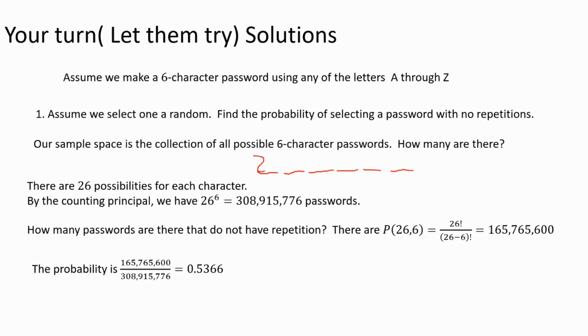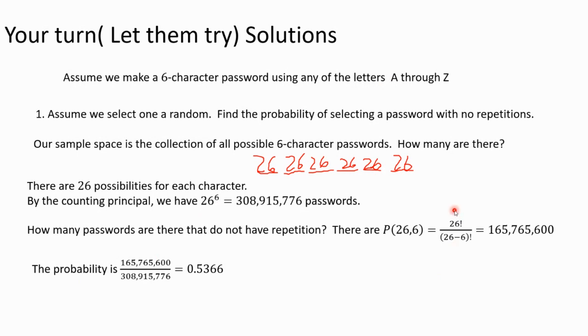So we have 26 choices for the first letter, 26 choices for the second letter, and so on and so forth. For each character of the password, we have 26 choices. So by the counting principle, there are 26 to the 6th possible passwords.